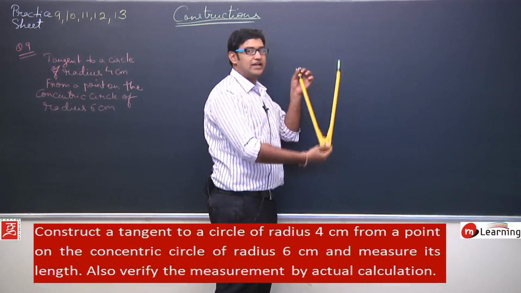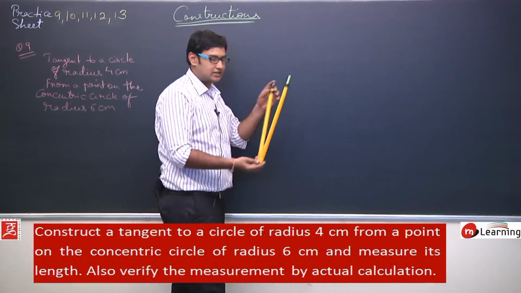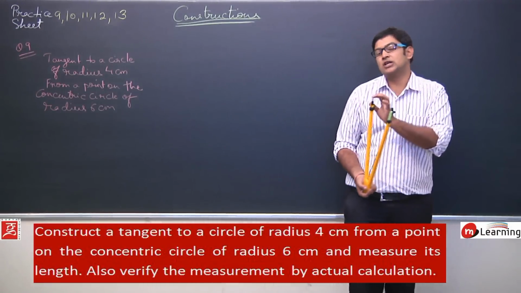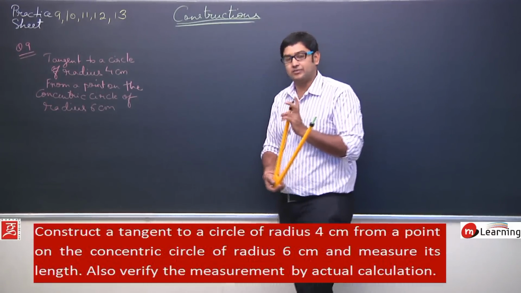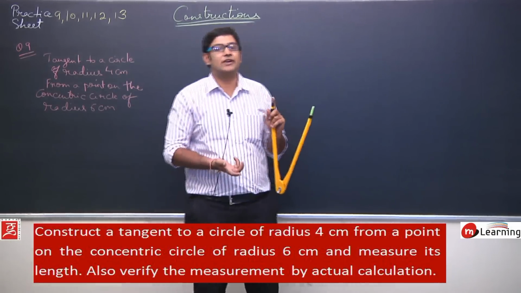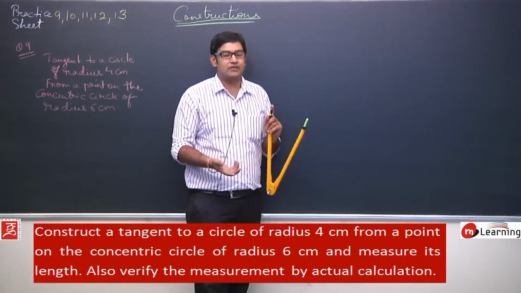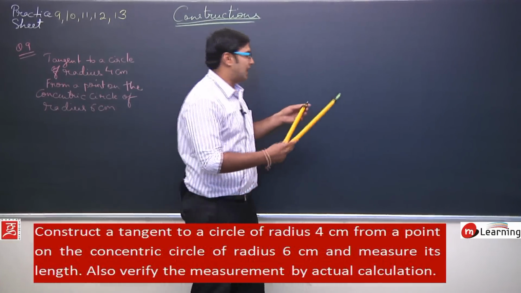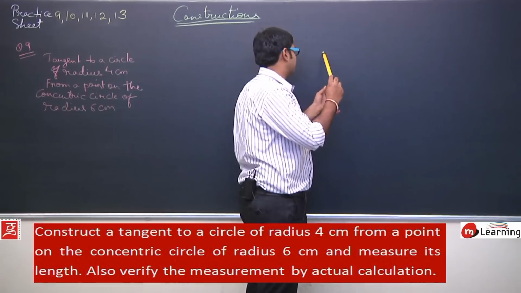I have taken the radius 5 times, that is, I have taken a 20 centimeter radius just for the sake of explanation, because if I draw a circle of 4 centimeters it will be very difficult to see the construction on the board. That's why I am taking a bigger radius.